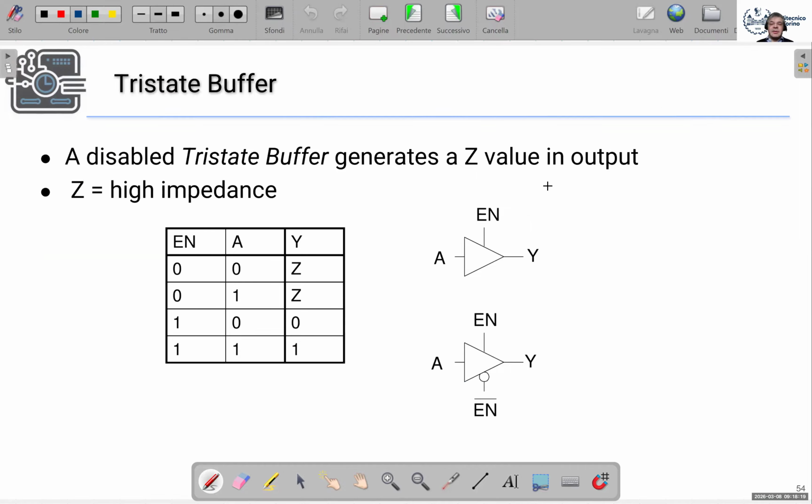So, good morning. In the last class we have seen the implementation of CMOS gates, gates which include both the pull-up and pull-down network made of MOS transistors, either P-type or N-type.